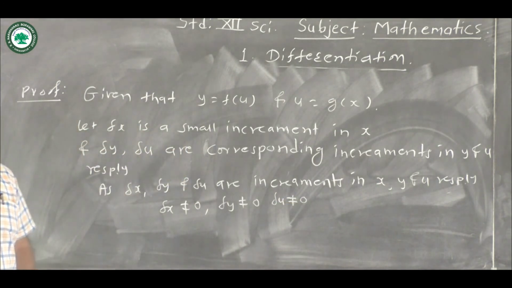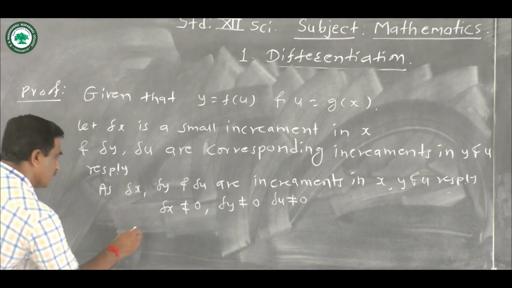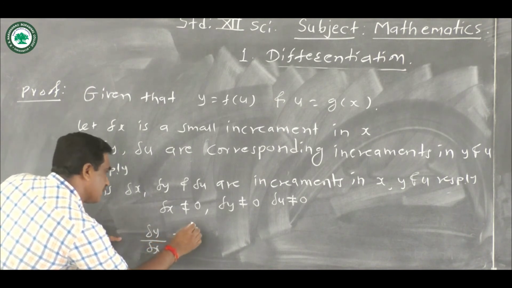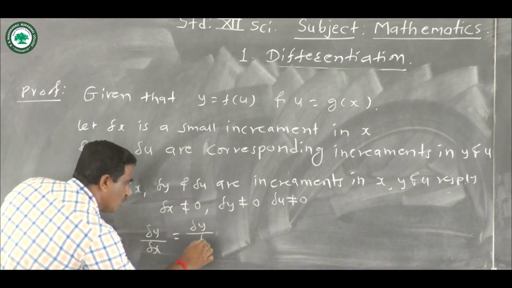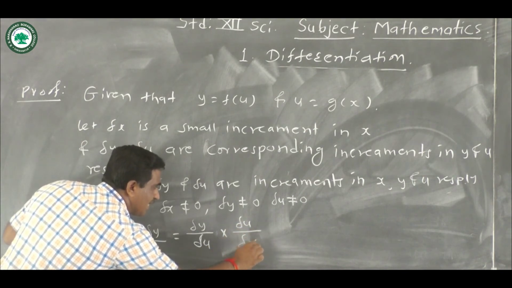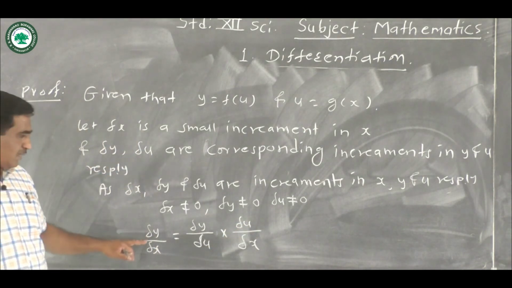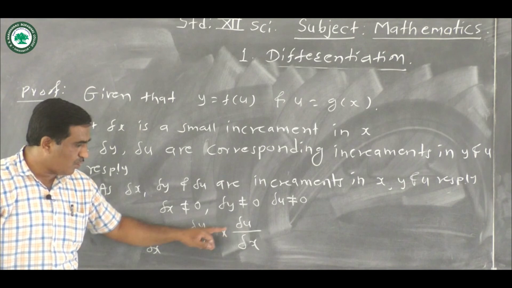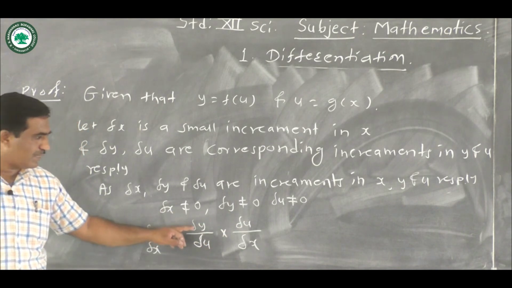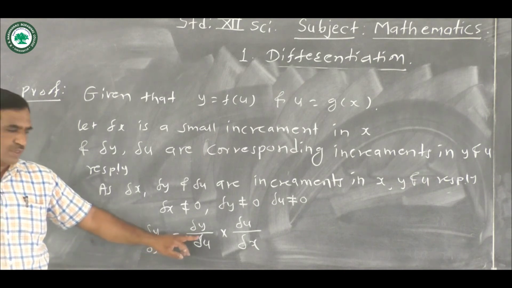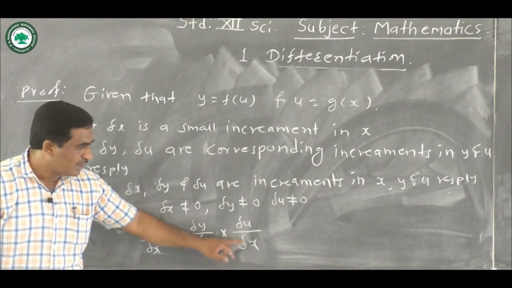These are the non-zero increments. Now consider the incremental ratio delta y upon delta x. This can be written as delta y upon delta u into delta u upon delta x. Delta u upon delta u cancels out, and only delta y upon delta x remains. That is, delta y by delta x is equal to delta y upon delta u into delta u upon delta x.